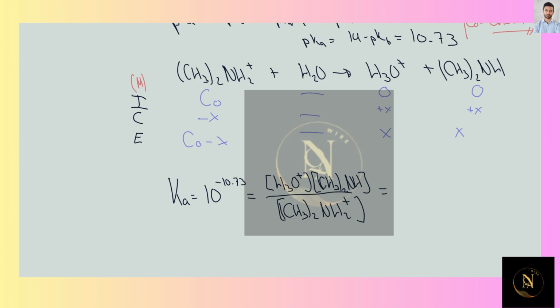Replacing the values at the equilibrium, we get x squared divided by C0 minus x. In this case, Ka is very small, so we're going to employ the small x approximation. Thus, C0 minus x would be approximately equal to C0.